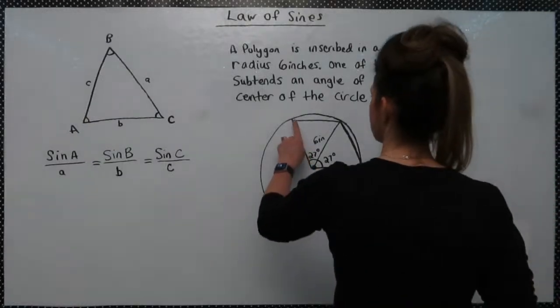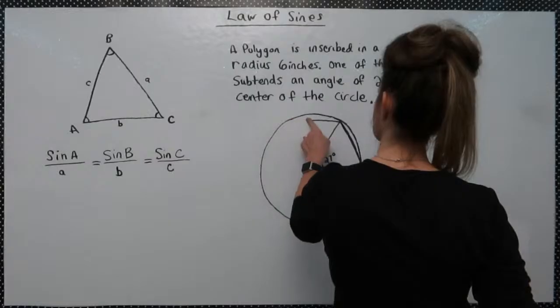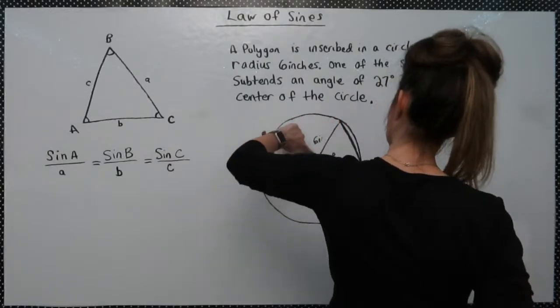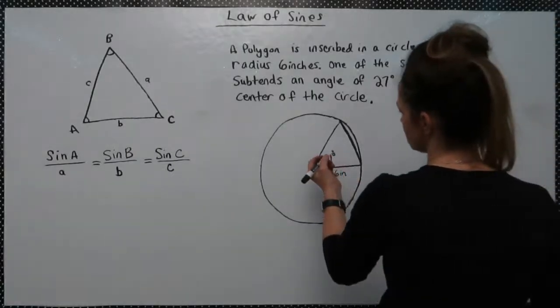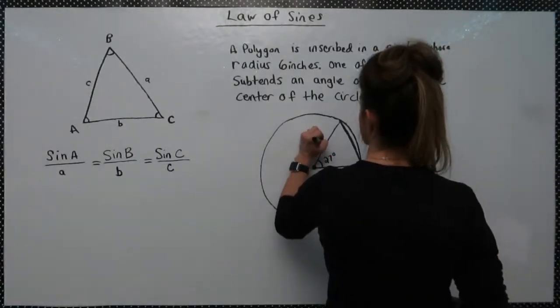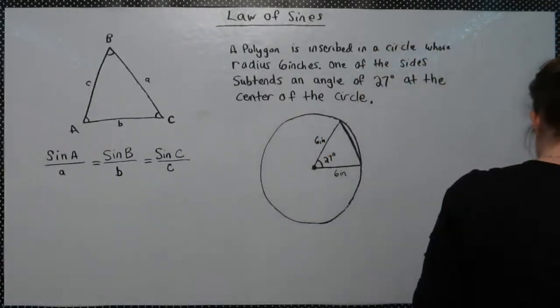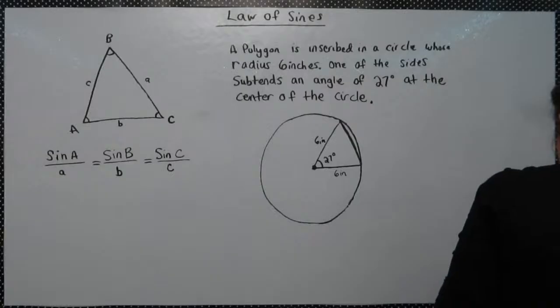Okay, so we just have one. It didn't say two. So we're going to take this one away. That's 27 degrees, and then we've got 6 inches. We just don't want to make the diagram any more complicated than we need it.